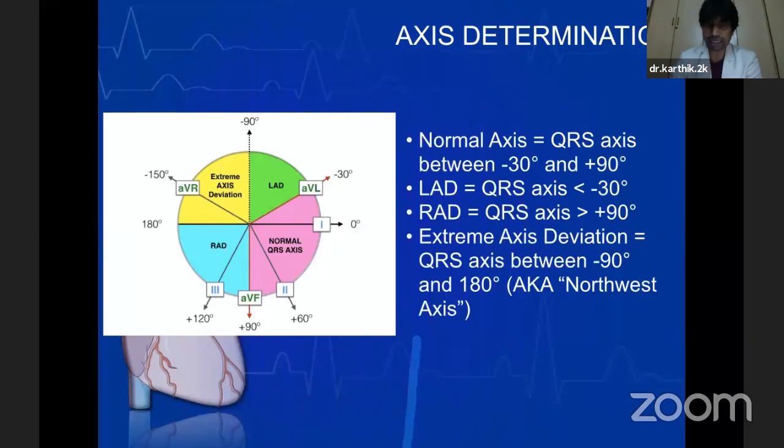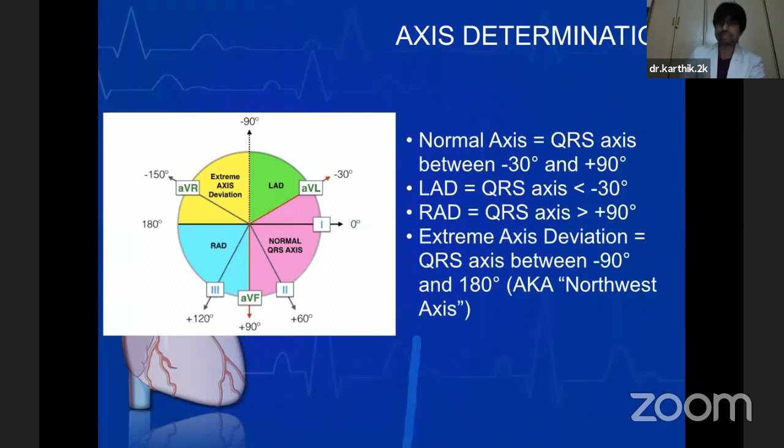Now, after analyzing the rate and rhythm, we go to the axis determination. Again, axis determination is a very, very tricky thing. Not many residents pay too much attention to it, but it is very important, because axis determination helps us understand the electrical orientation of the heart and its chambers with respect to the coronal and sagittal planes of the human body.